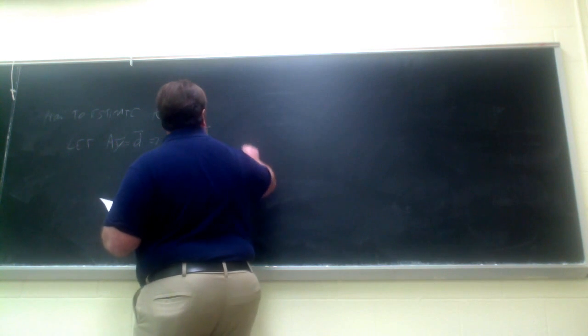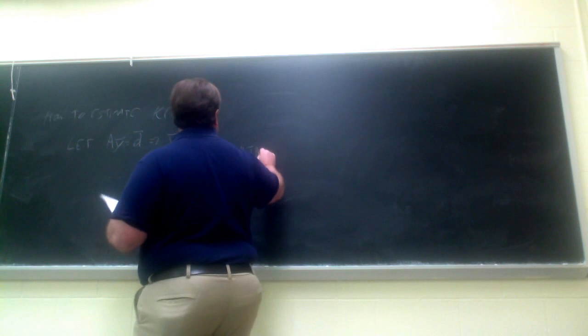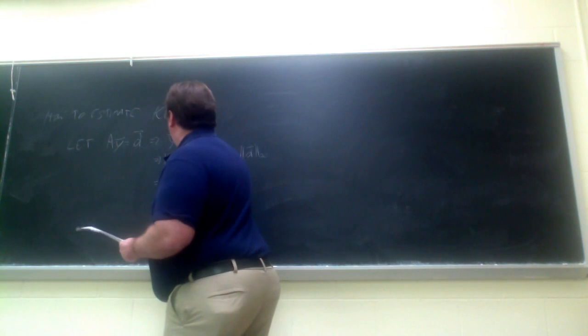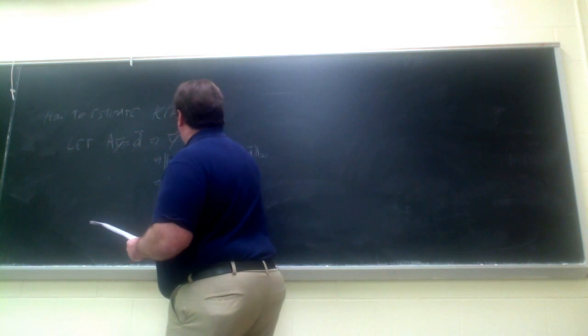Let's suppose we're solving some system, Ay is equal to d. Then, of course, y is equal to A inverse d. And now we take norms. And I'll use the infinity norm for convenience. So now what we have is a lower bound on the norm of A inverse.